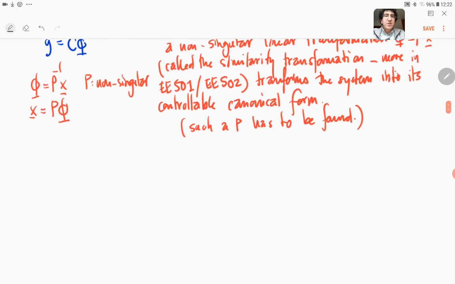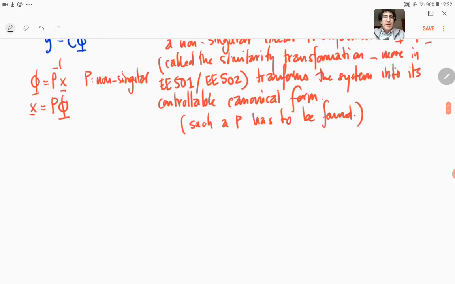Now let me make another claim, which is related to this first claim. In fact, while trying to prove the second claim, we will also prove the first claim.